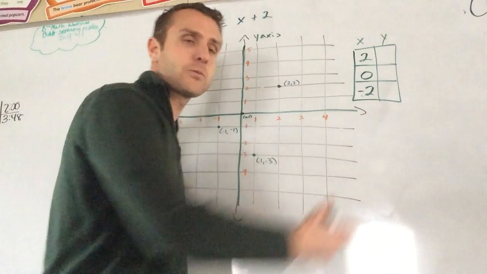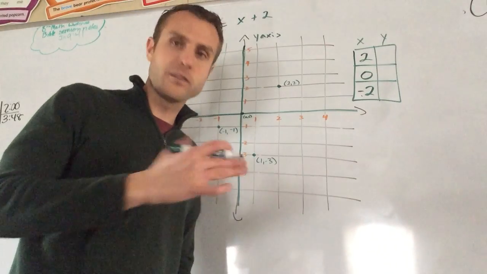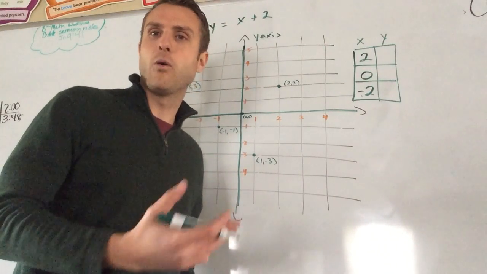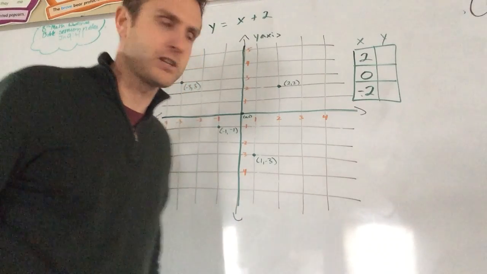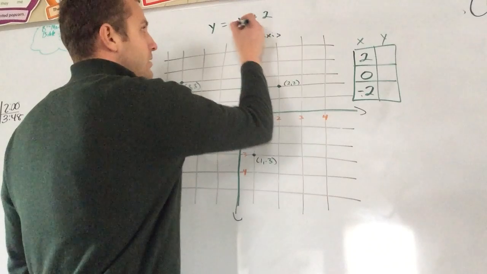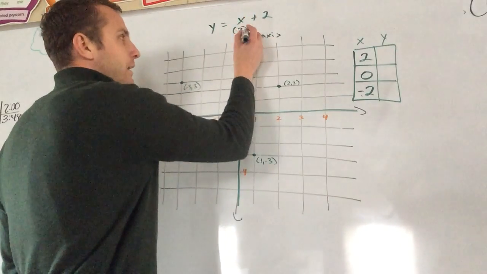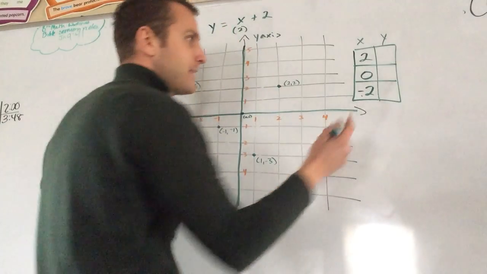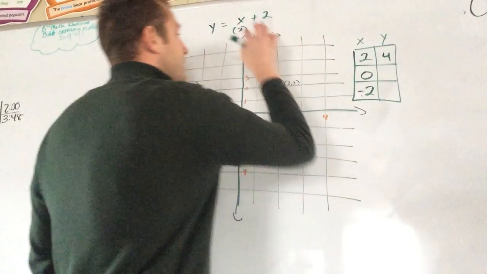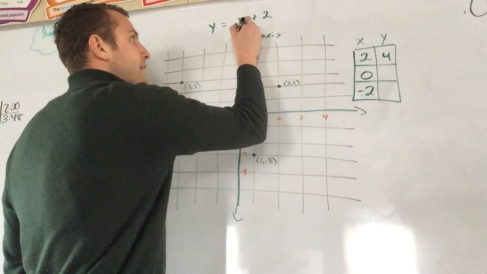Now that I have my 3 x's, I'm going to plug those into the equation and figure out what y goes with those x's, just like when we talked about functions and relations. So when x is 2, what is y? Well, since 2 plus 2 equals 4, then y is 4. When x is 0, what is y?